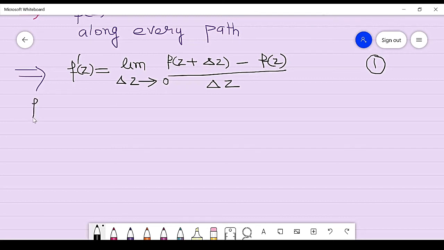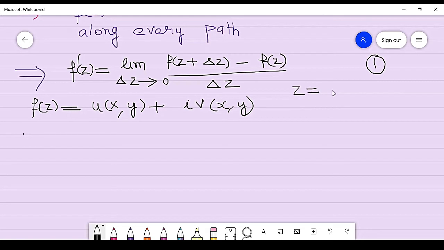So what is f(z)? It is u(x,y) + iv(x,y). Similarly, if z is x + iy, then delta z is delta x + i delta y.